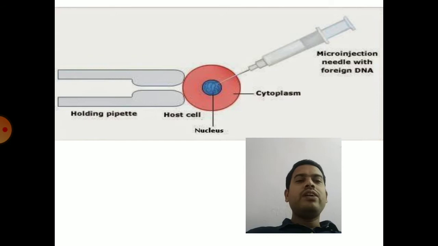With the help of microinjection needle, the foreign DNA is introduced into the nucleus. So this is how you will introduce your foreign DNA into the nucleus of the host cell with the help of microinjection needle and holding with a suction pipette. So this is the principal method that is involved in the process of microinjection.